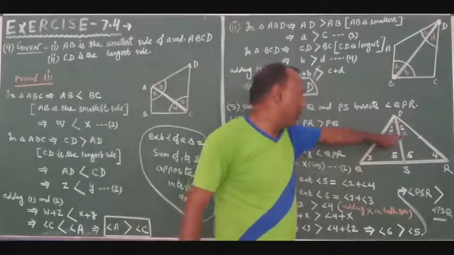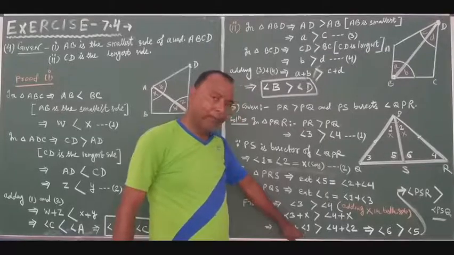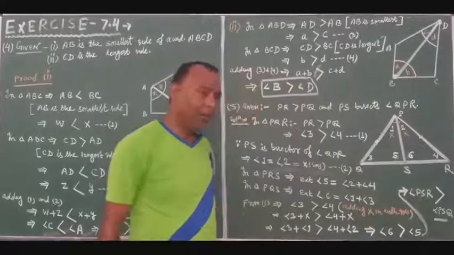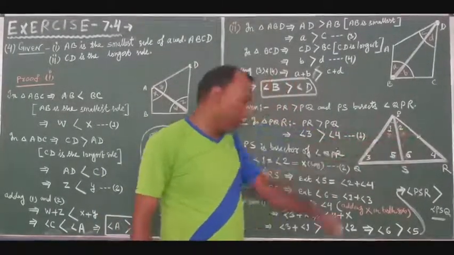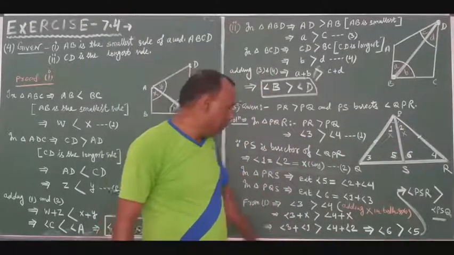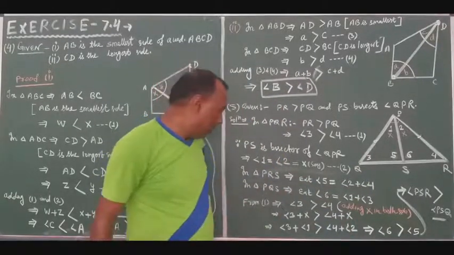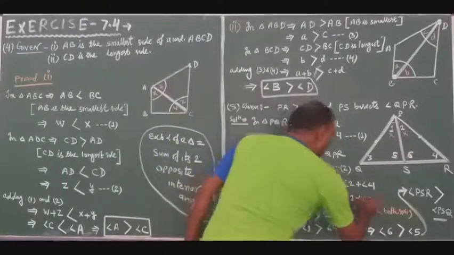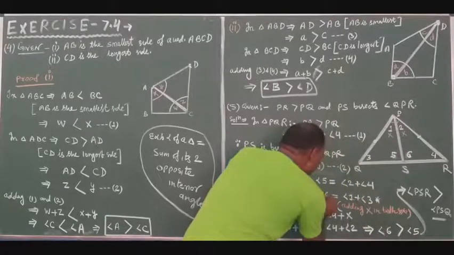Either it was angle 1 or angle 2. So I am writing in place of this x angle 1 and in place of this x angle 2. Is it okay? Now angle 3 plus angle 1 is exterior angle 6.